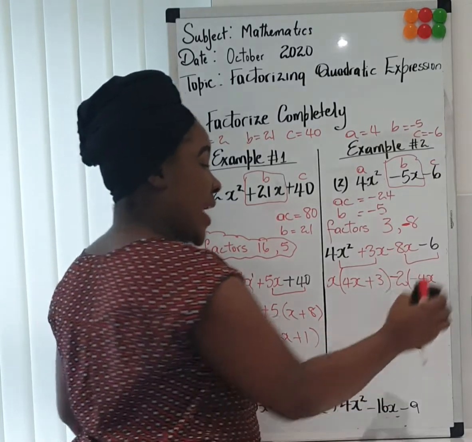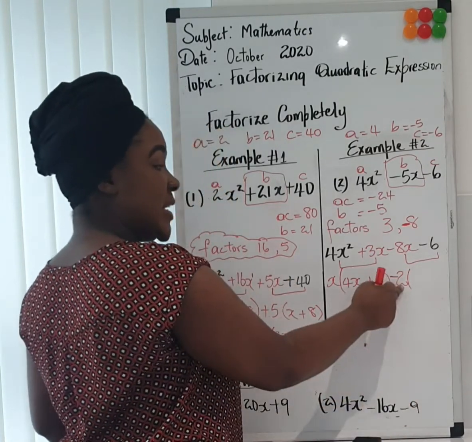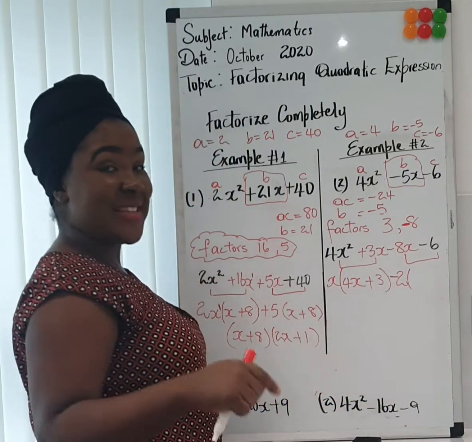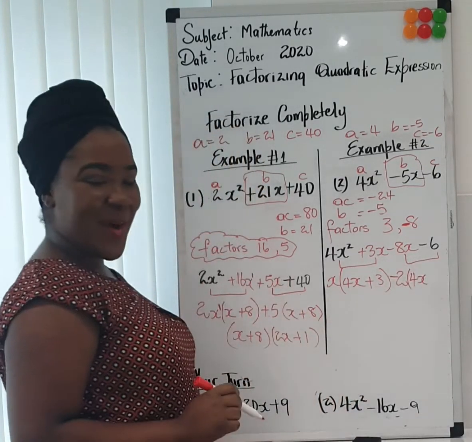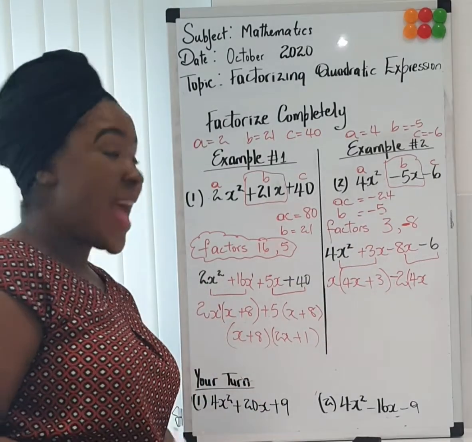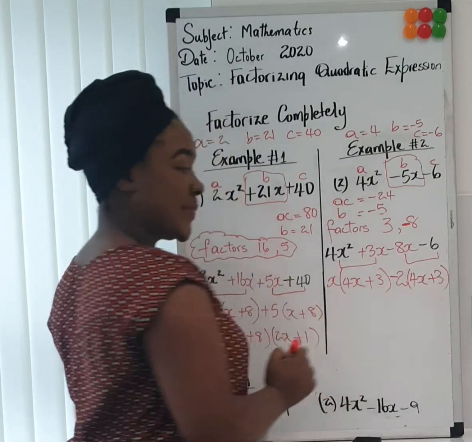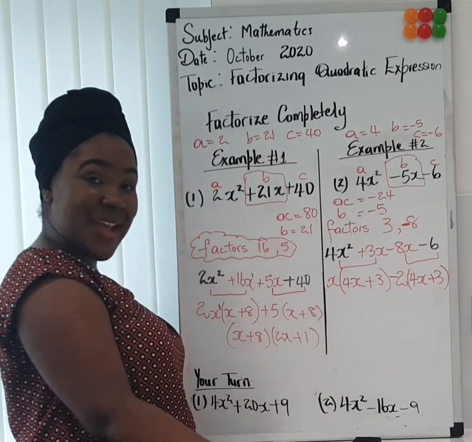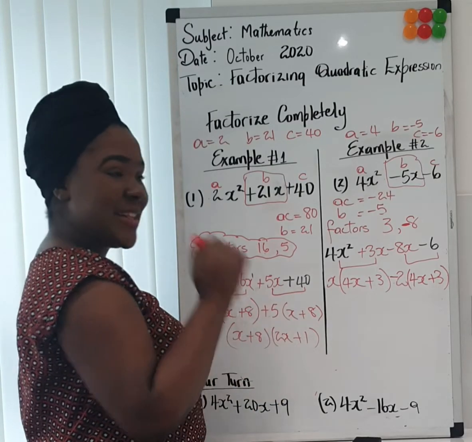So I say negative 2 divided into negative 8x, and now I get positive 4x. Then negative 2 divided into negative 6, and I get positive 3. Both brackets looking the same? Yes, they are. So now I can go ahead to the next step.